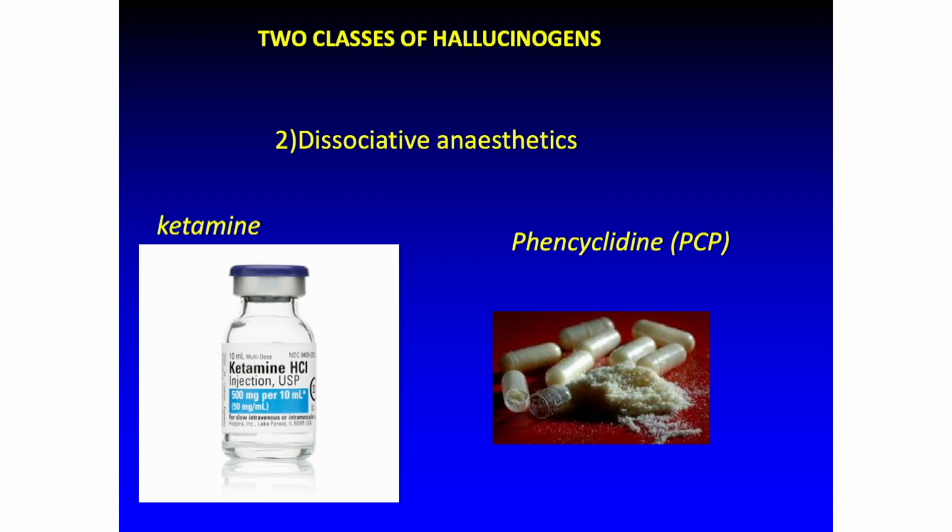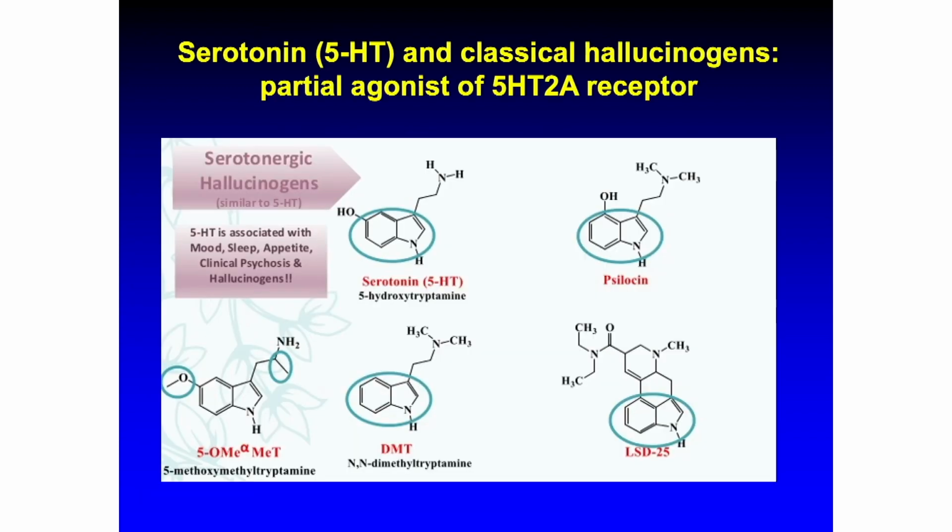Psychedelics are called classical serotonergic hallucinogens not only because they act as partial agonists of the 5-HT2A receptor, but also because they share a similar chemical structure with serotonin, a neurotransmitter particularly important for the regulation of mood, sleep, and anxiety.